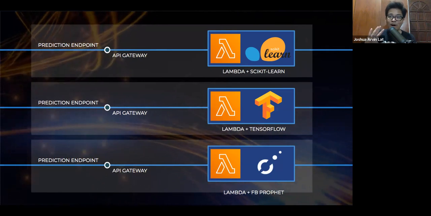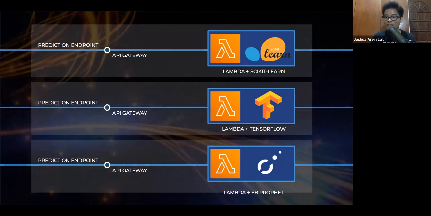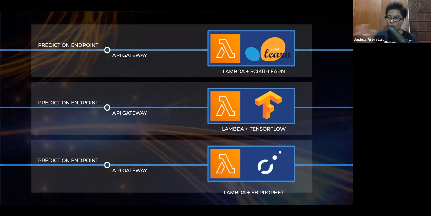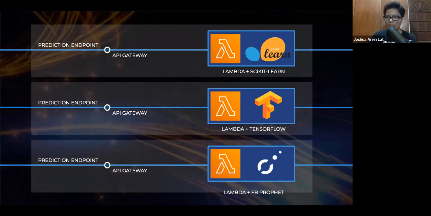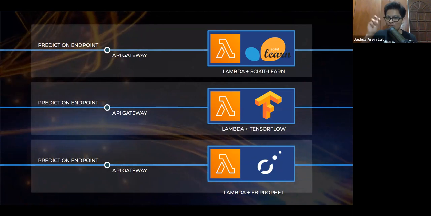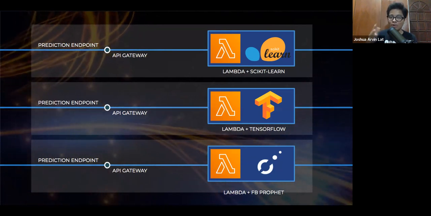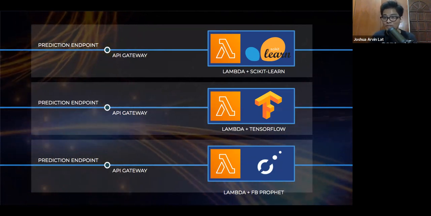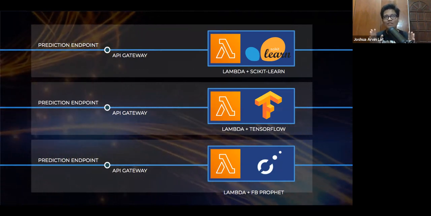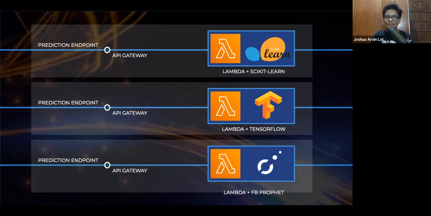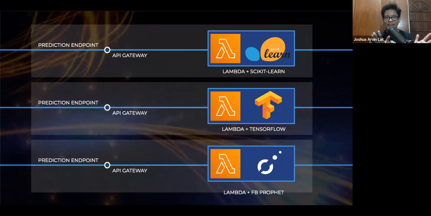But if you are very familiar with cloud computing, you should know that given that there are a lot of options, we should be able to select the best option, which is the most cost-effective solution. So what do I mean by that? Let's say that the cost of one server per hour is, let's say, $1.